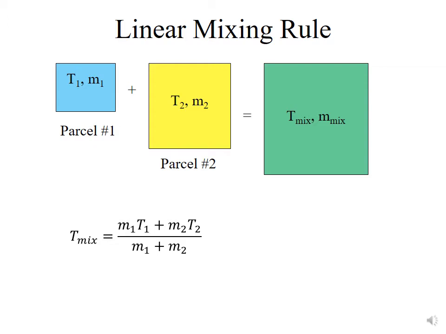So if we look at the temperature of the mixture, it's going to be the mass of parcel 1 times the temperature of parcel 1 plus the mass of parcel 2 times the temperature of parcel 2 divided by the total mass of parcel 1 and parcel 2 put together.